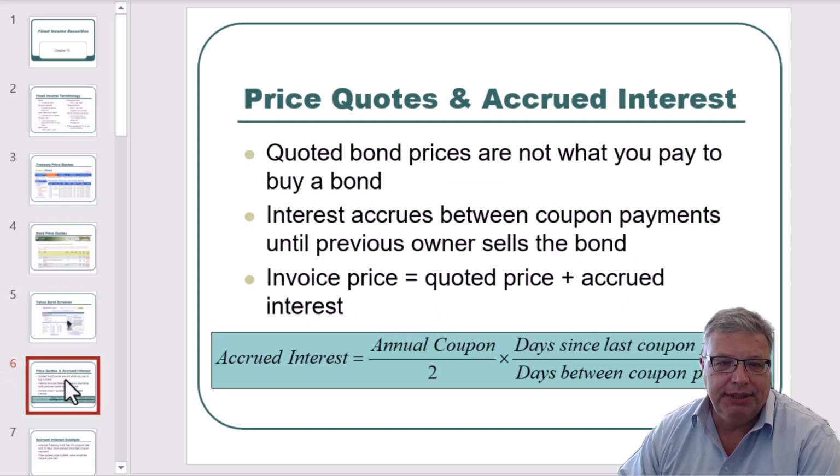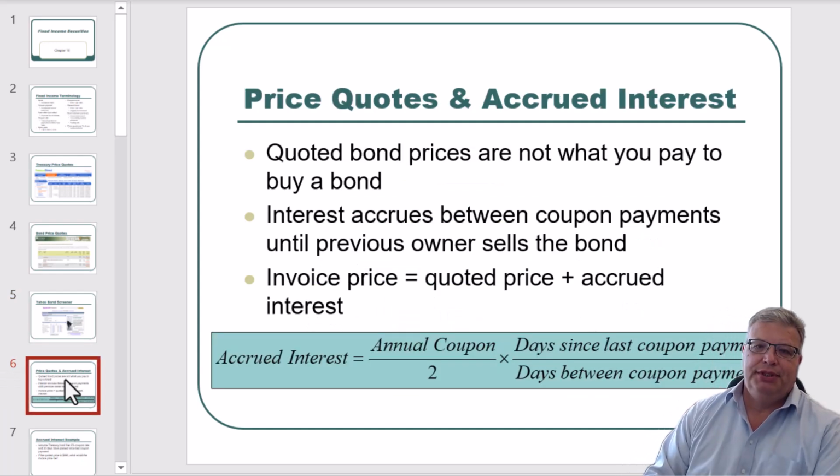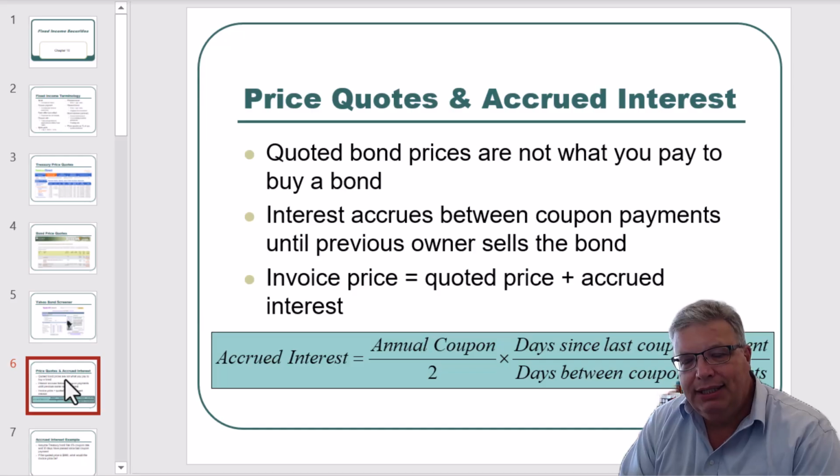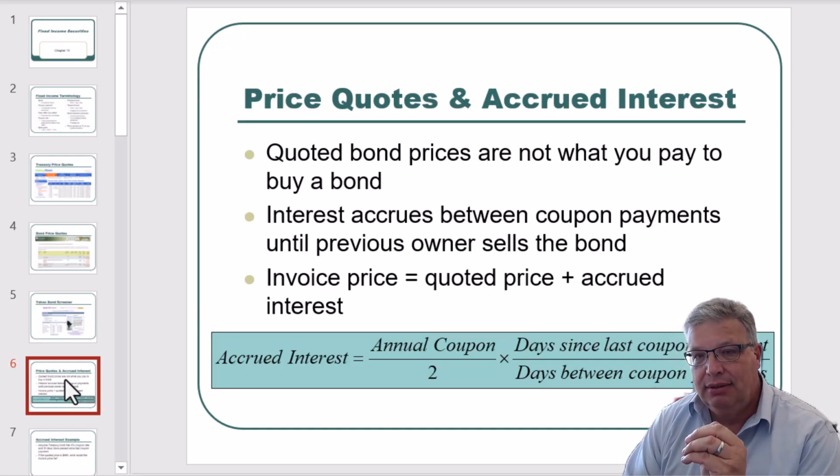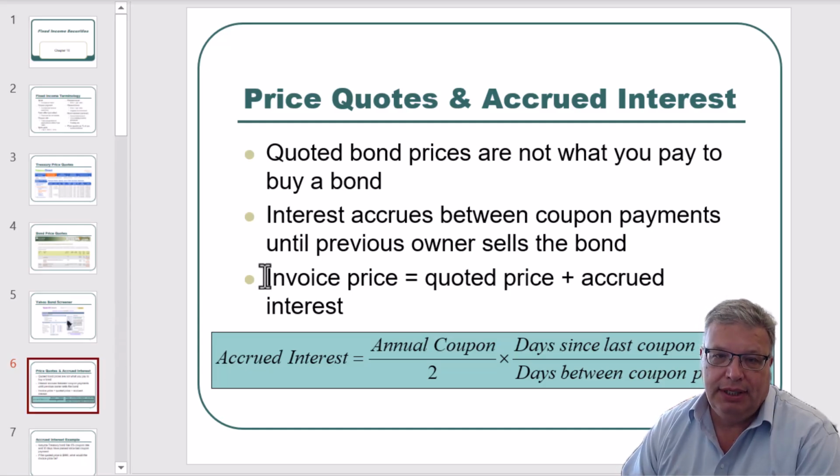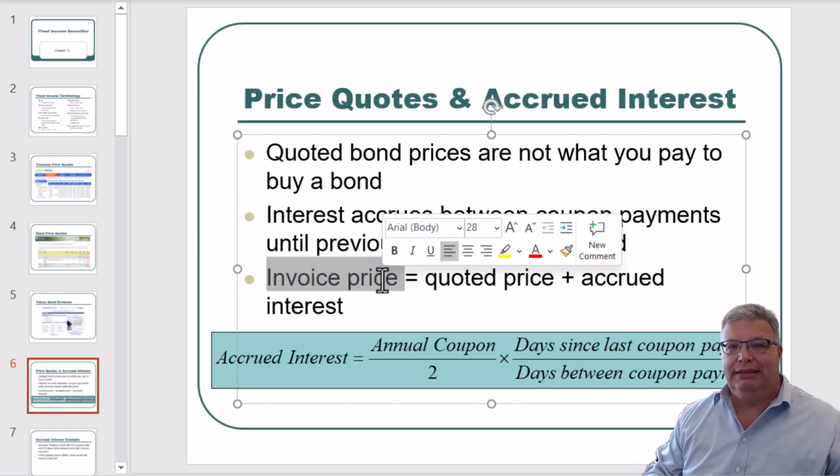I'm going to skip this slide. So here's how you calculate the actual price of a bond when you buy it. This invoice price is basically the definition of what you ultimately pay.